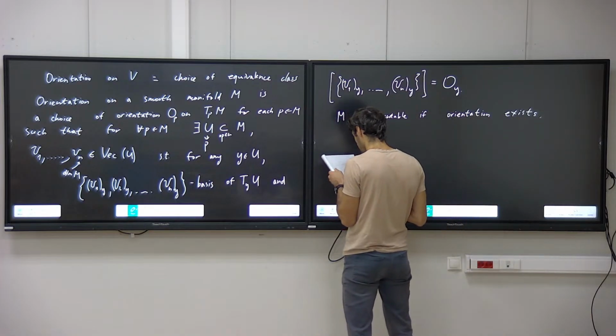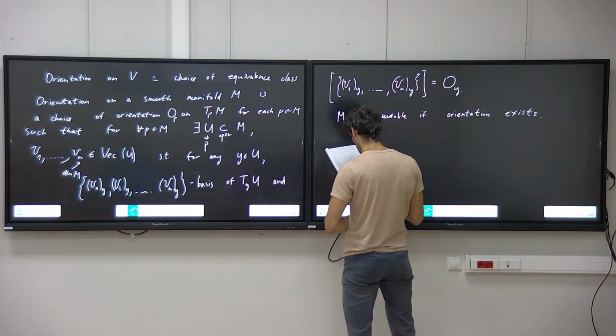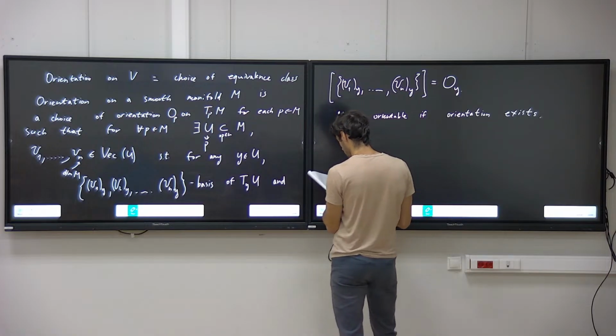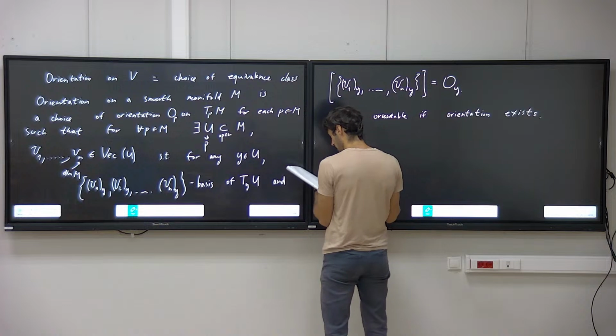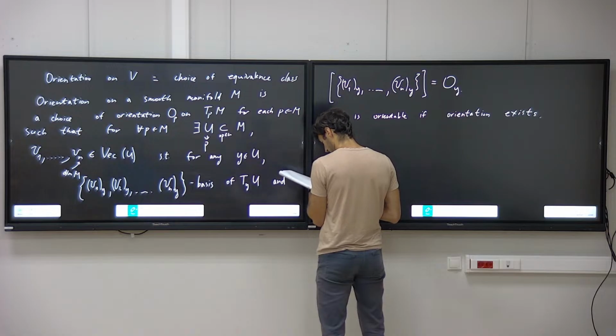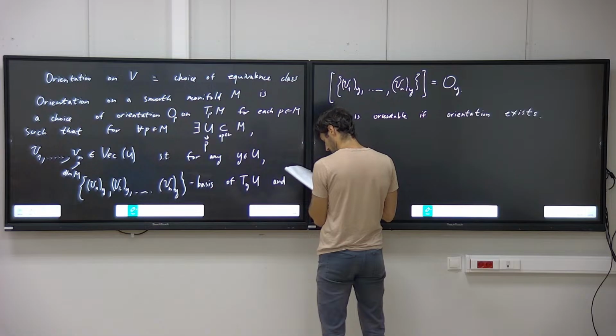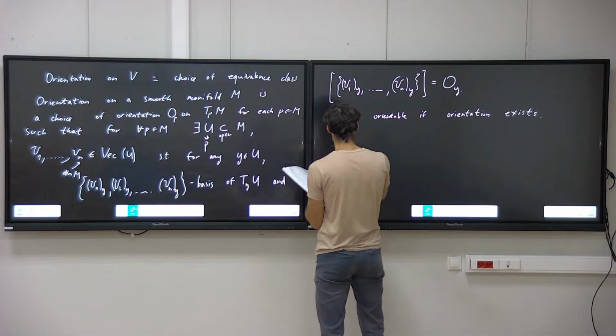Very good. So next thing that I need, my goal is then to define integration on the manifold. So for that I need a partition of unity. Right, so let me start with some atlas.